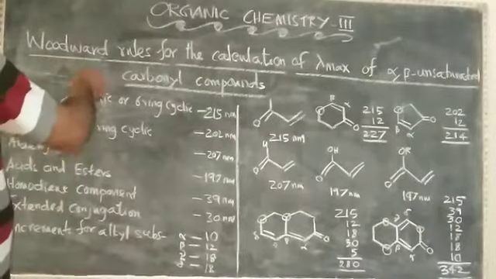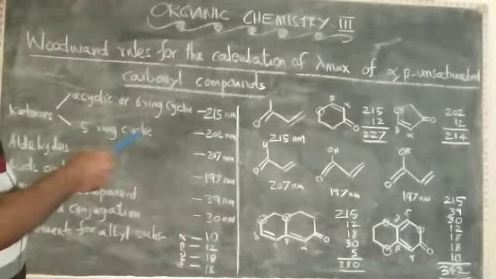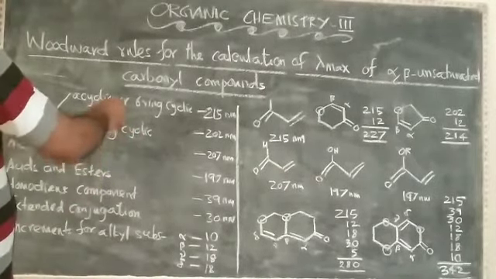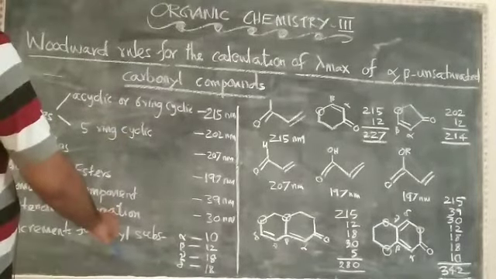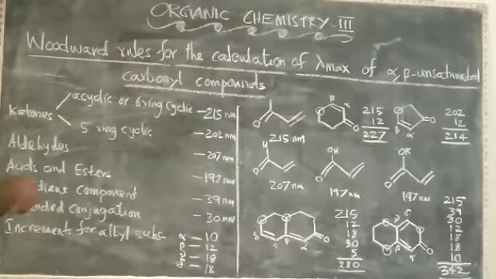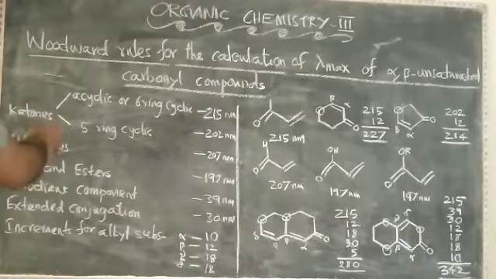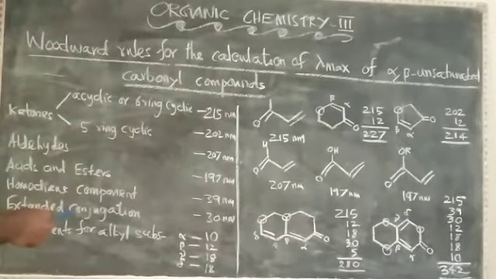Now we shall see the Woodward rules for the calculation of lambda max of alpha beta unsaturated carbonyl compounds. As usual, the rules are shown in this table. There are many different alpha beta unsaturated carbonyl compounds. They may be ketones or aldehydes or acids or esters.